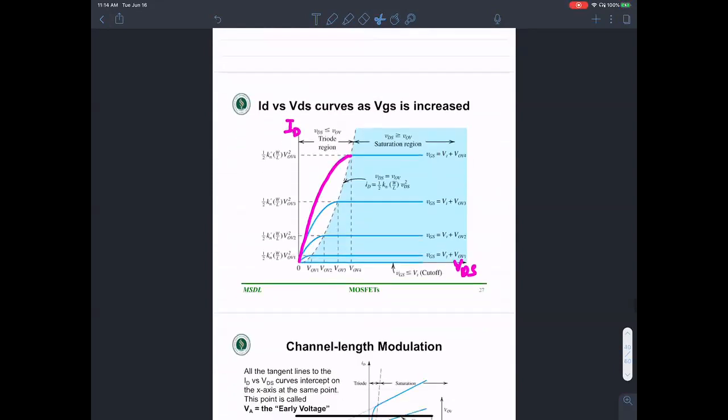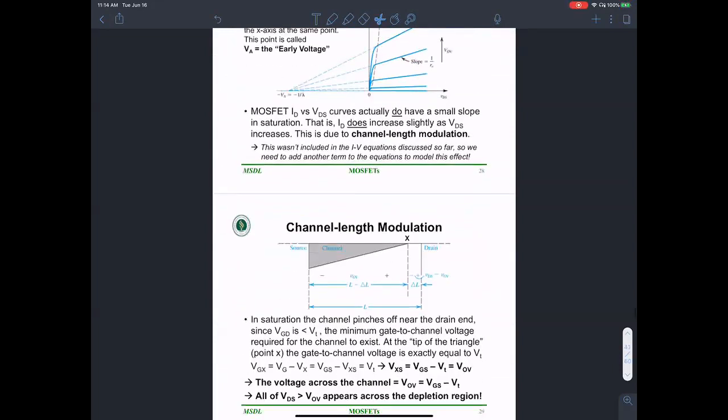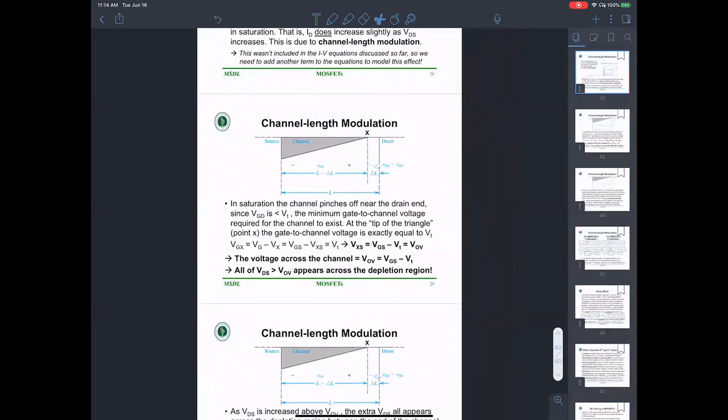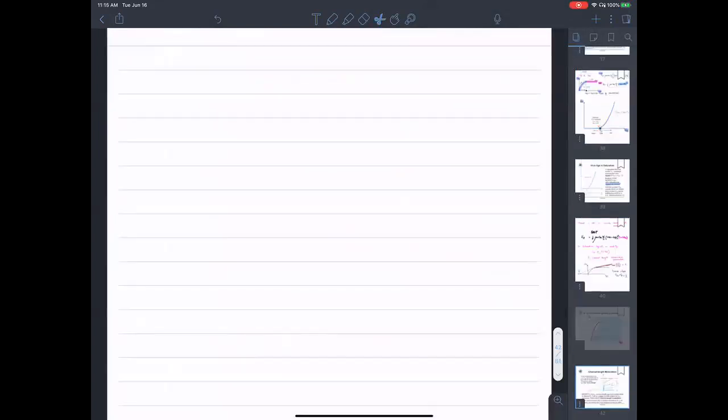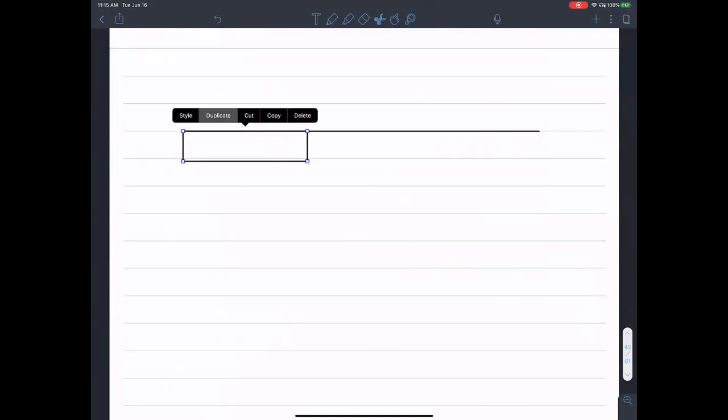So in order to understand that, I'm going to add a page and draw the figure for a MOSFET. There is the source, duplicate that for a drain.